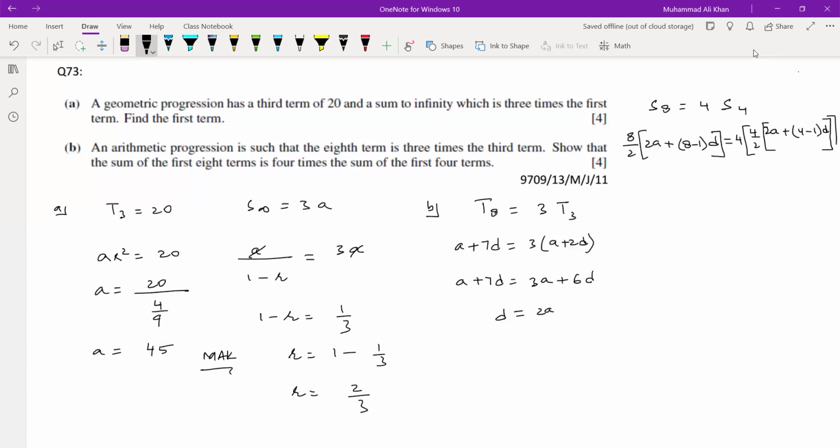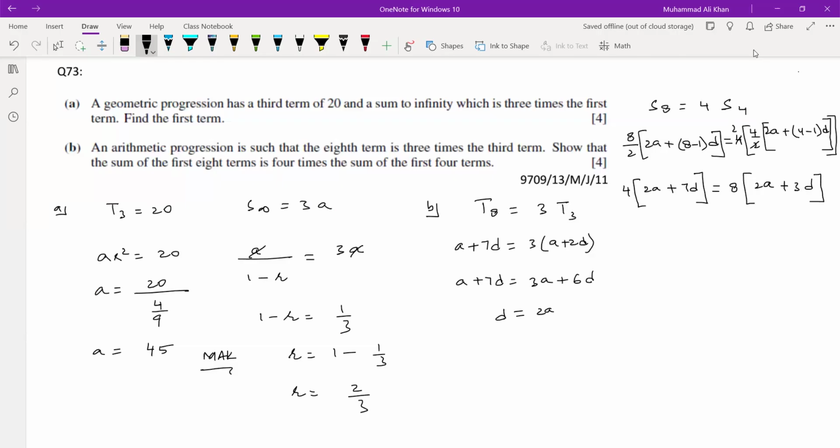Now, 8 upon 2 is 4. In the bracket, we have 2A plus 7D. Here it is. 2 fours are 8 and 4 twos are 8. Here it is 2a plus 4 minus 1, 3d.